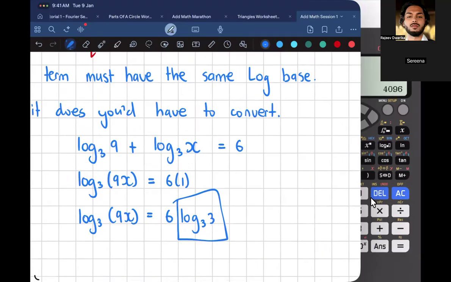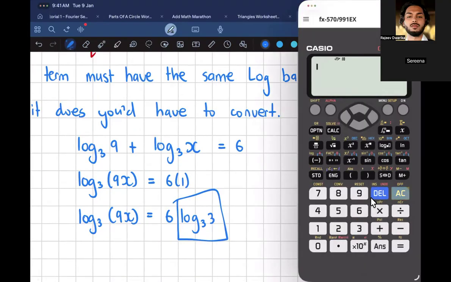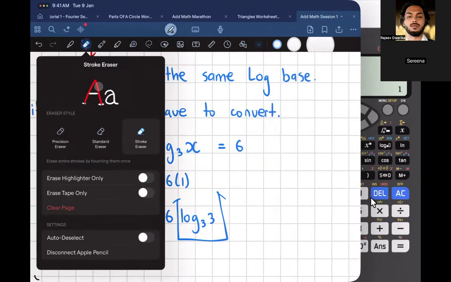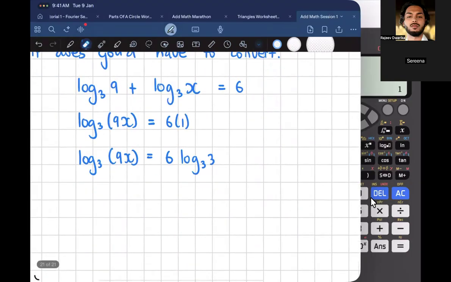So if I plug that into the calculator, log base 3 of 3 is still 1. Did we do anything crazy? Did we break any laws? No. And my question to you, right? Is everything in terms of log base 3 now?